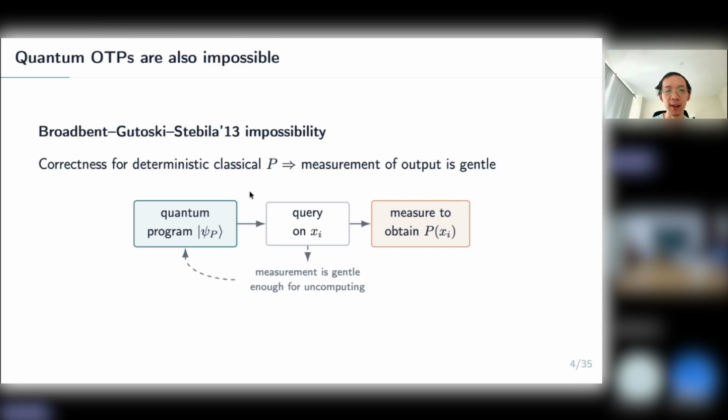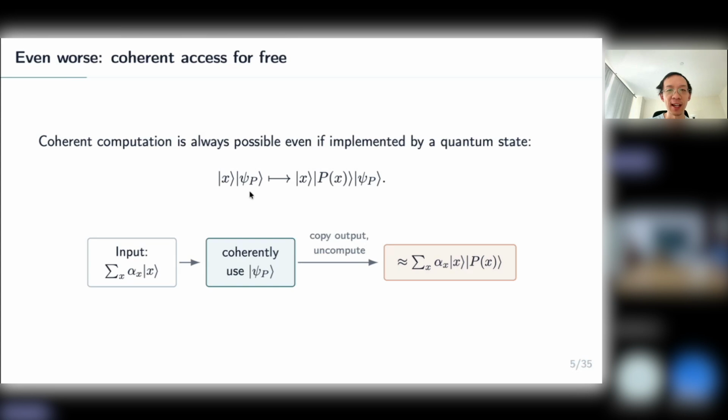So, moving on. There is actually another attack that I don't think is explicitly written down, but it's also not obvious.